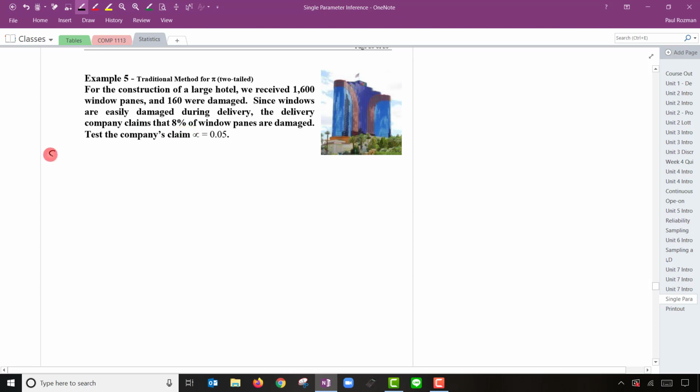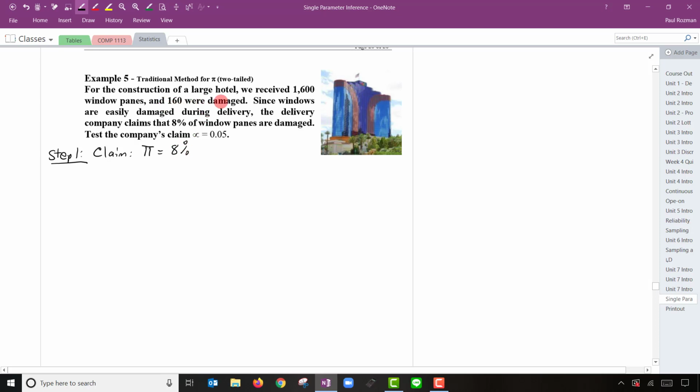So I'm going to write this in steps. Step number 1 will be the claim. Convert the claim into math. So they are claiming that the proportion of broken windows is equal to 8%.